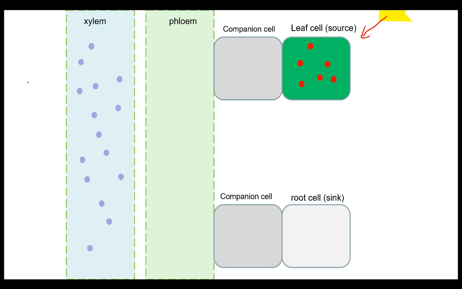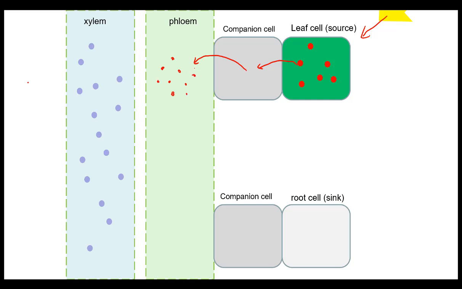The leaf cell is going to transfer the sucrose to the companion cell beside the phloem, and the companion cell is going to use energy, use ATP from aerobic respiration to pump the sucrose in here. So we basically have a buildup of sucrose in there.